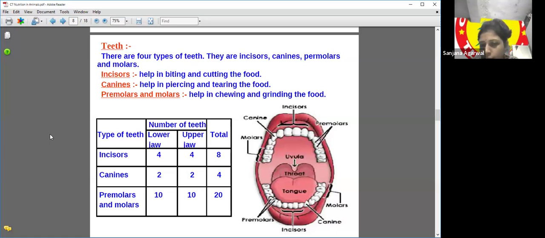The basic function of teeth is to chew the food, to break down the food bite into a simpler form.